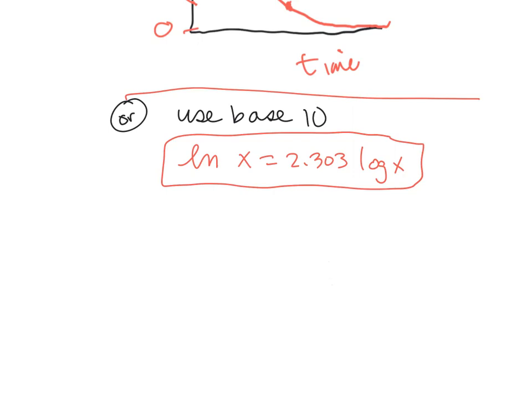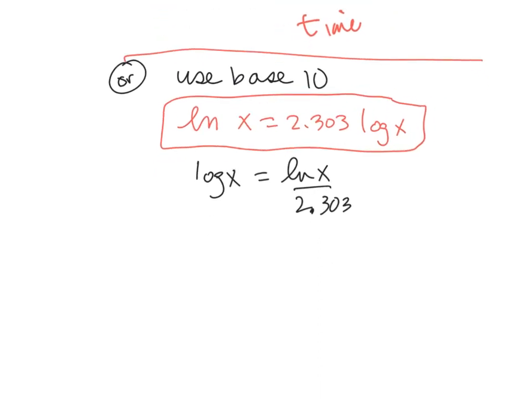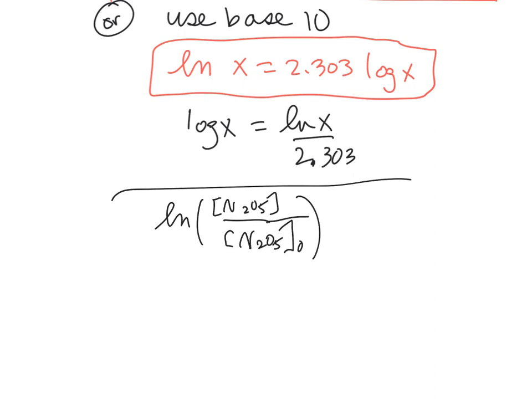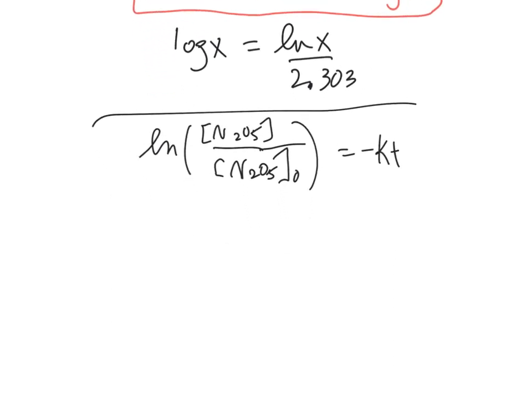So for this, you can solve for the base 10 logarithm of x. It'll be equal to the natural log of x divided by 2.303. And then go back to your integrated rate law for first order. Natural log of N2O5 divided by the initial concentration of N2O5, and that's negative kt. So we had that before.